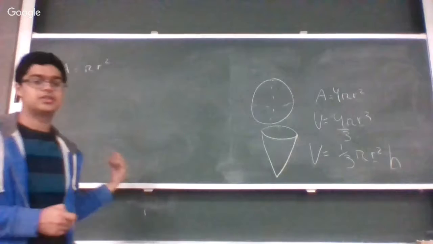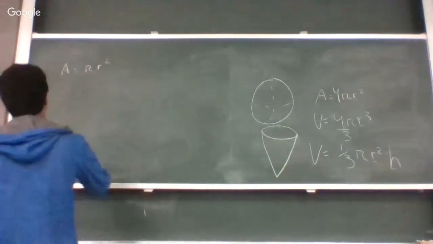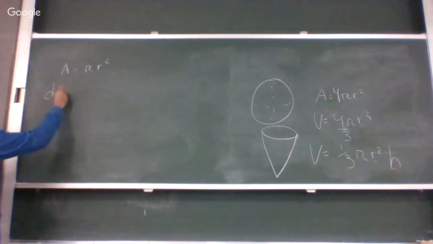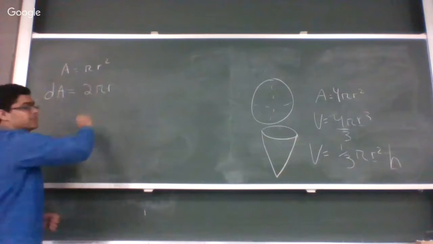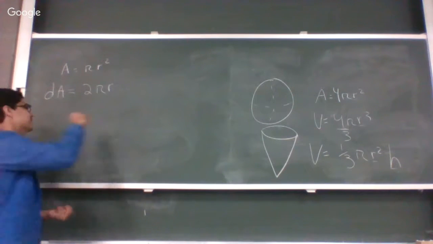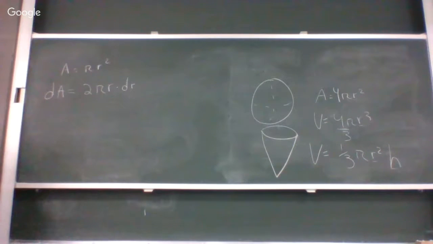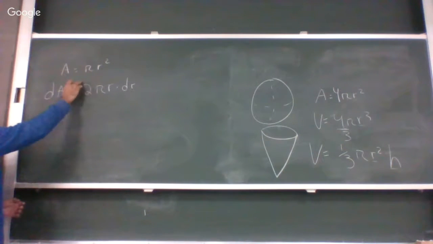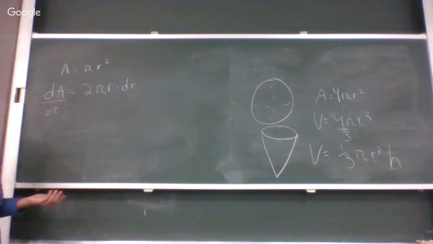If I were to take the derivative of this, dA is equal to 2 pi r times dr. Why? When we take a derivative, we take it with respect to time, because related rates are with time.